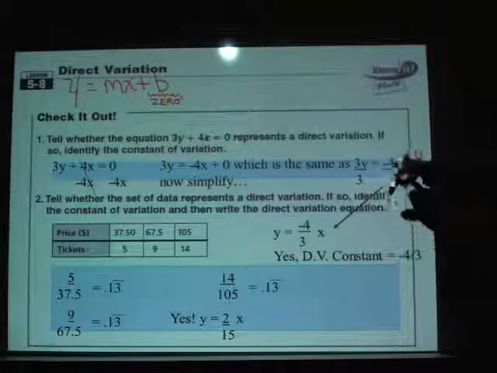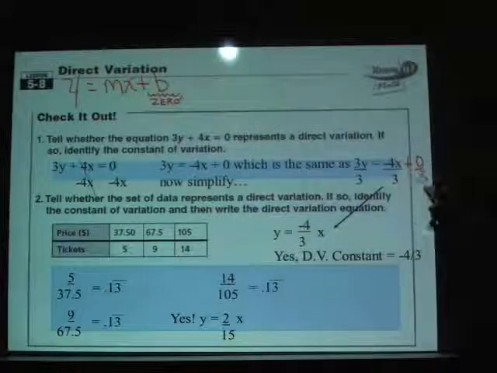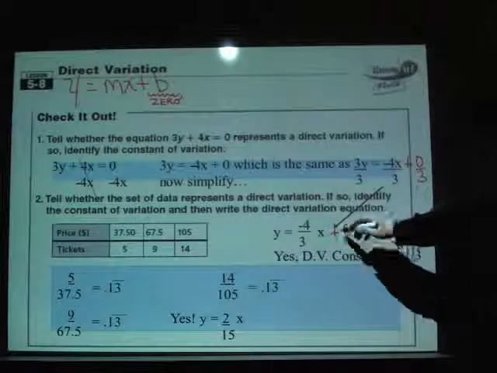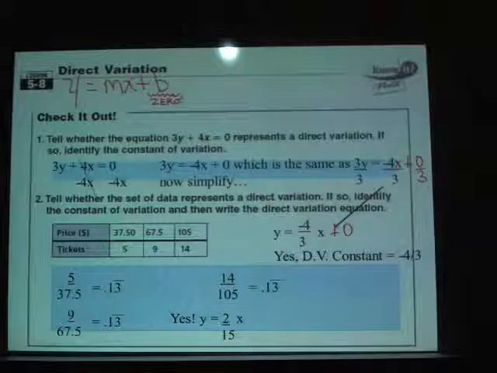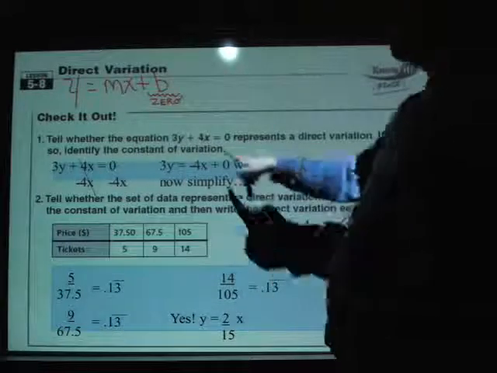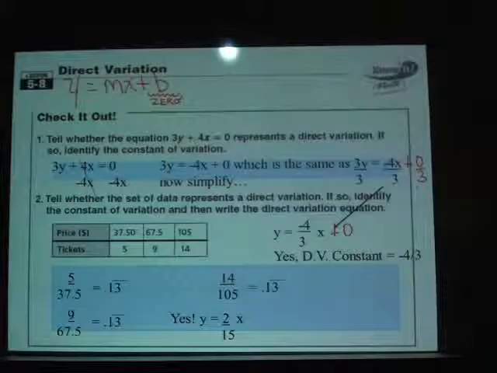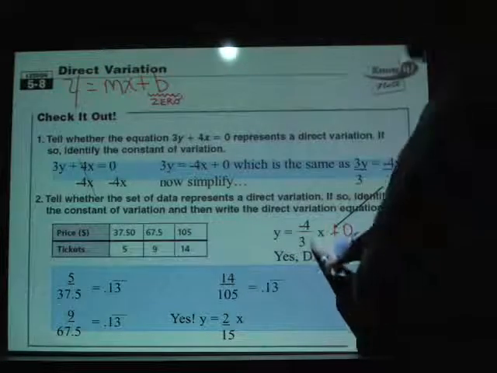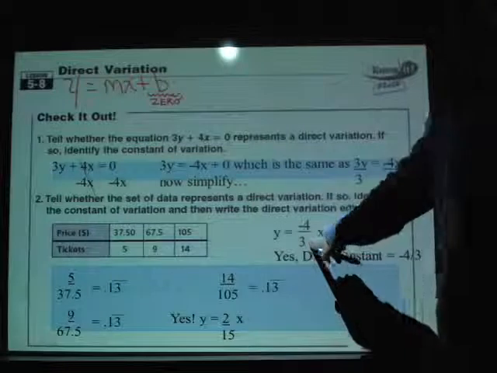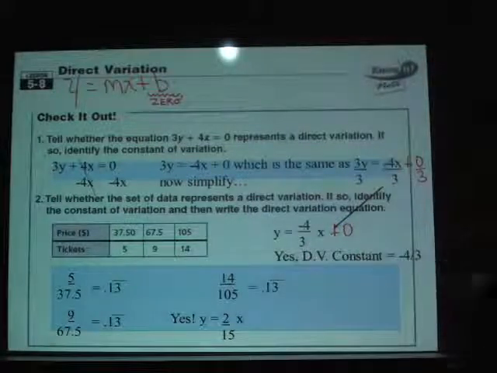It gives me y equals negative 4/3 x, and 0 divided by 3 is 0. Is that direct variation? Well, since this number at the end is 0, yes, this is direct variation. The question then is, what's the constant of variation? Well, it's the only number you have left in the problem, negative 4/3. So the constant of variation is negative 4/3.